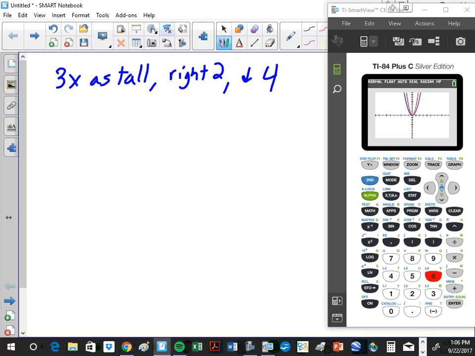So times by 3 is going to go on the outside because taller affects the y values. So 3 (x minus 2) squared, minus 4. Morgan, you doing okay? All right. Do you want to see another one, or are you good with that?